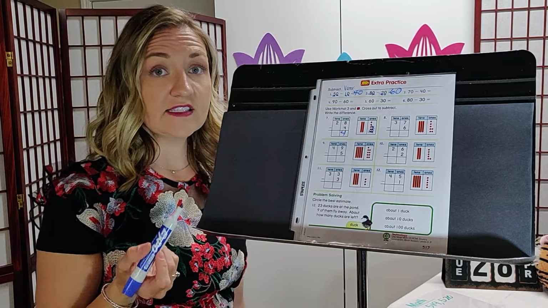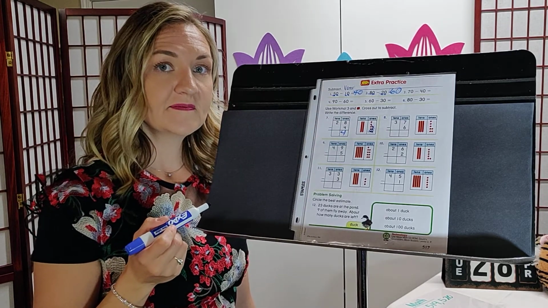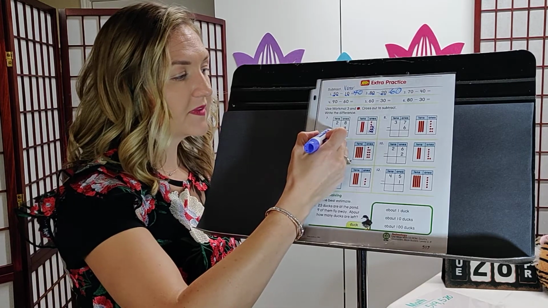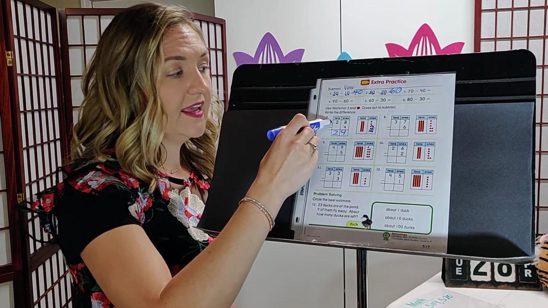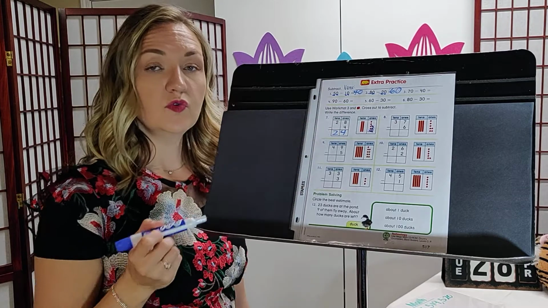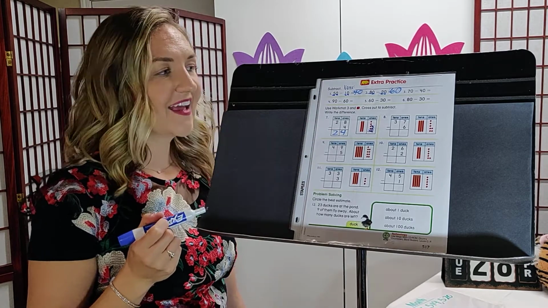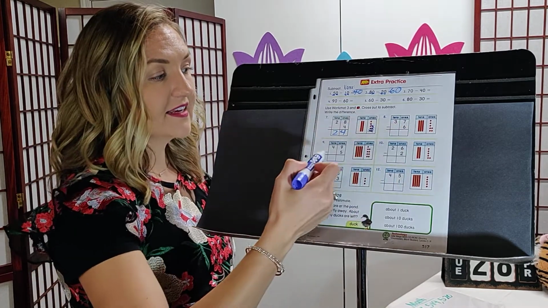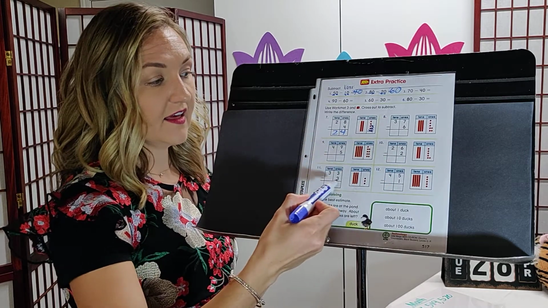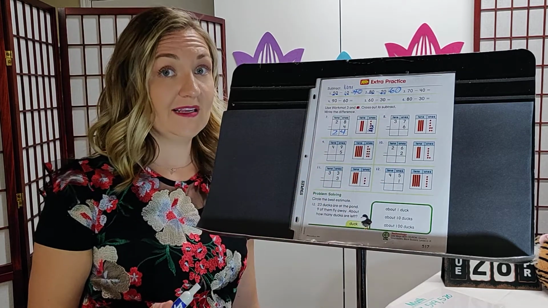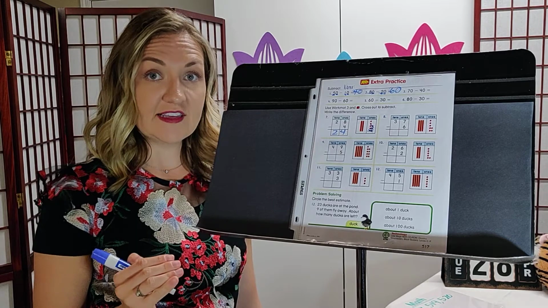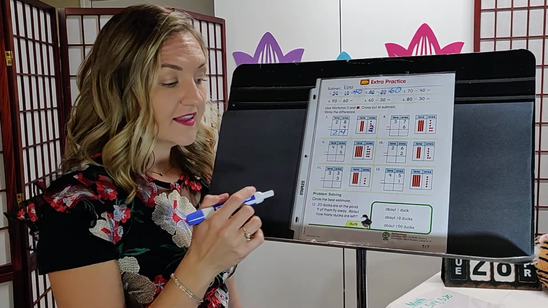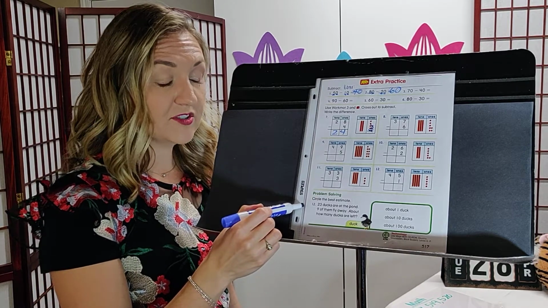So how many groups of tens do we still have? 2. 28 minus 4 is equal to 24. I'm going to let you complete 8, 9, 10, 11, and 12 using that same strategy. You can pause here, and then when you're ready, let's continue on to the final problem here, which is 12.